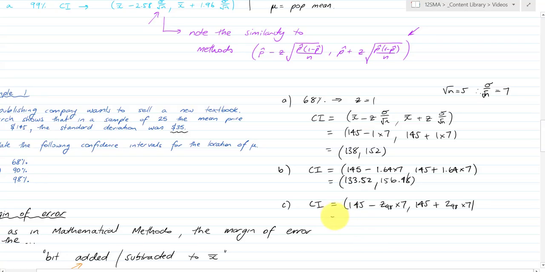So this is equal to 145 minus 2.32 times 7, to 145 plus 2.32 times 7, and I do that calculation quickly.